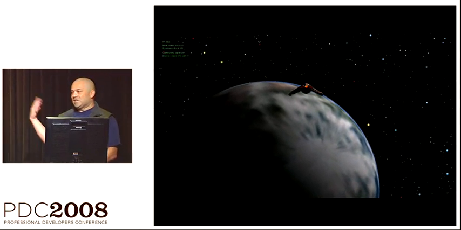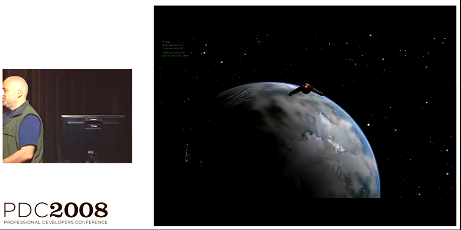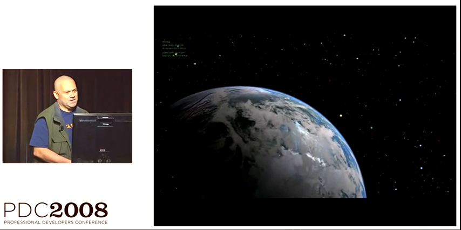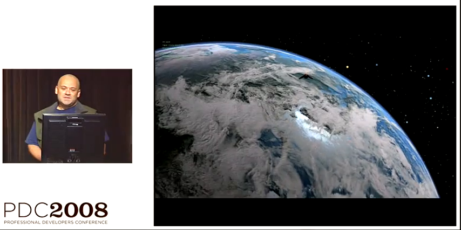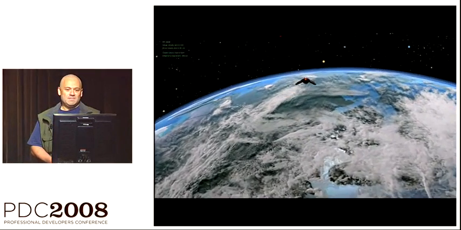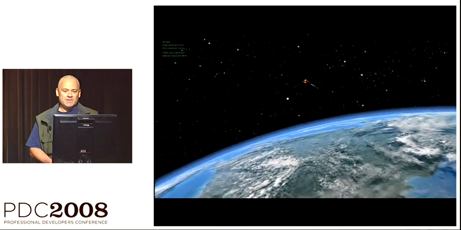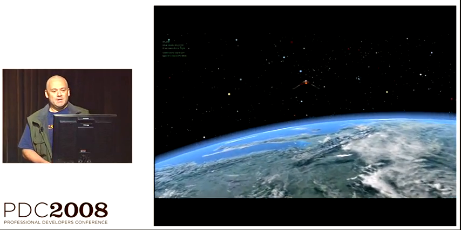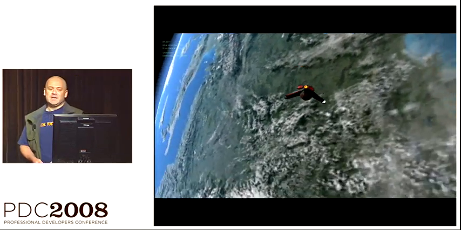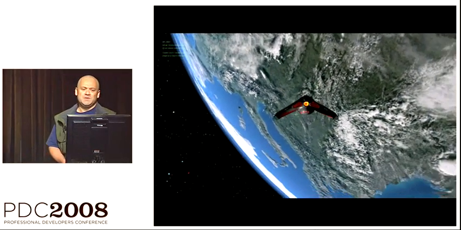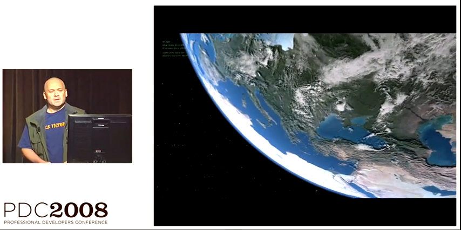So the Xbox 360 is actually loading all of the high-resolution textures here for the Earth in the background. You can see it res up there. And you can see that you can actually get a fair amount of detail here on the Xbox 360. So this is 60 frames per second in C#. The Earth is composed of about 9 different texture layers here, all being combined using Shader Model 2.0.